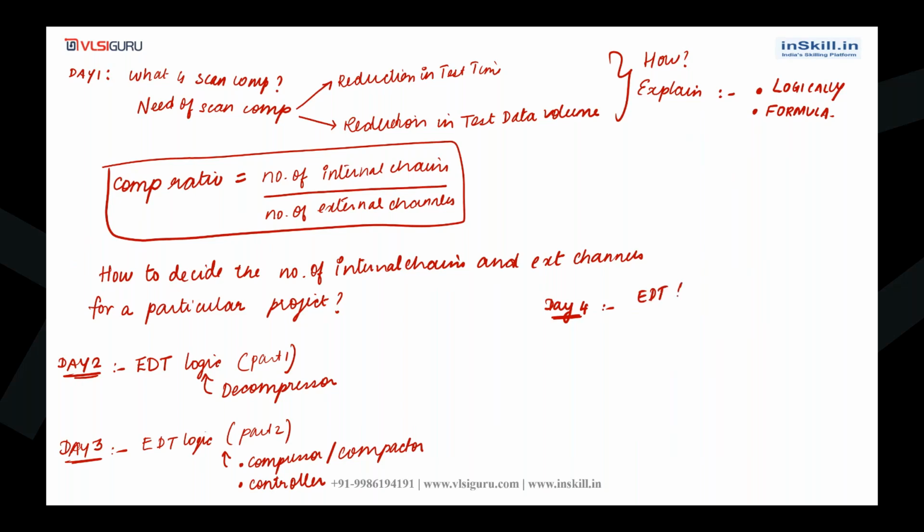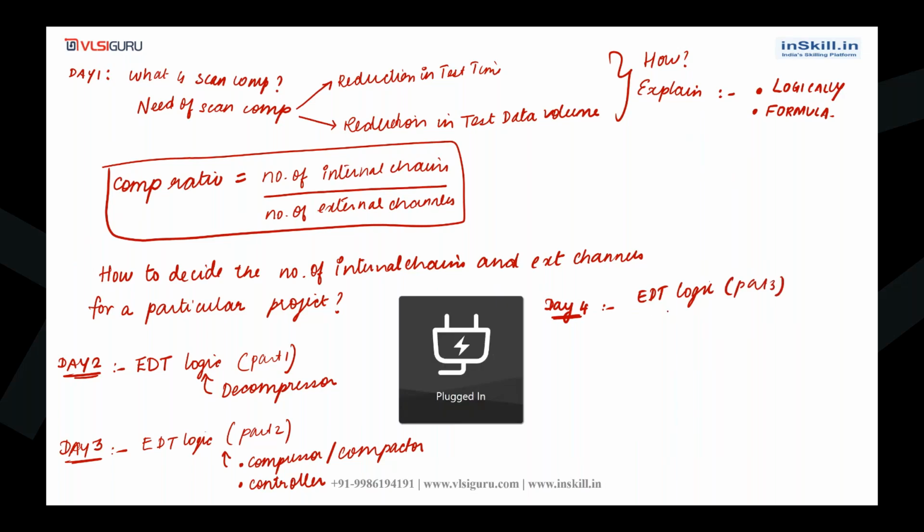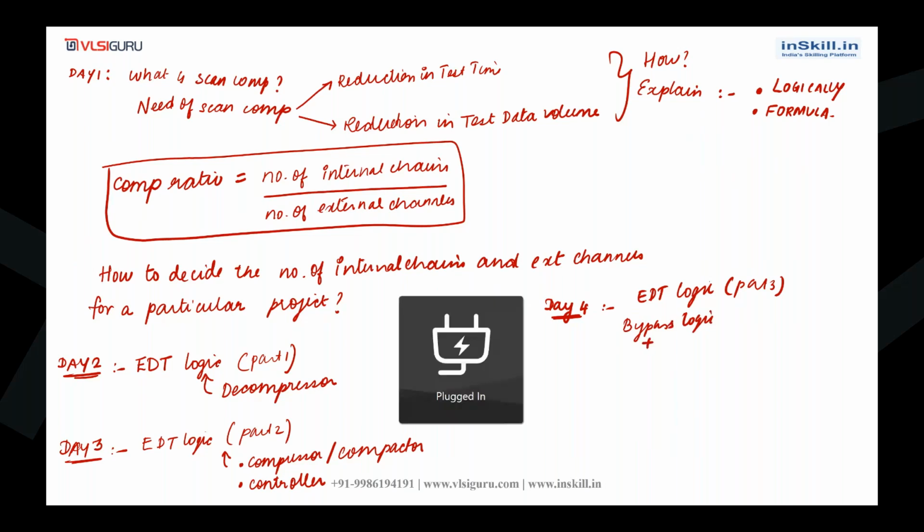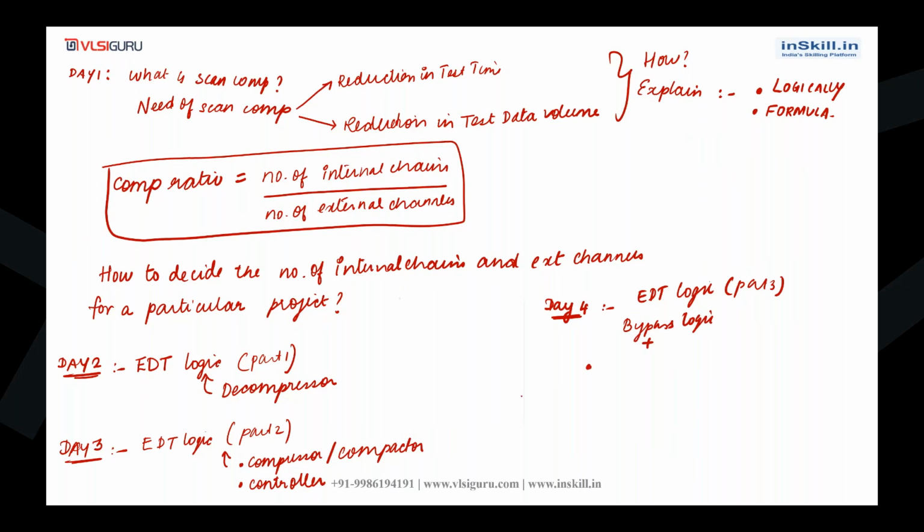So this is like part 3 of our EDT logic discussion, where we will discuss the bypass logic, plus some more miscellaneous points like pipeline flops in the compactor, and then lockup cells in the EDT.